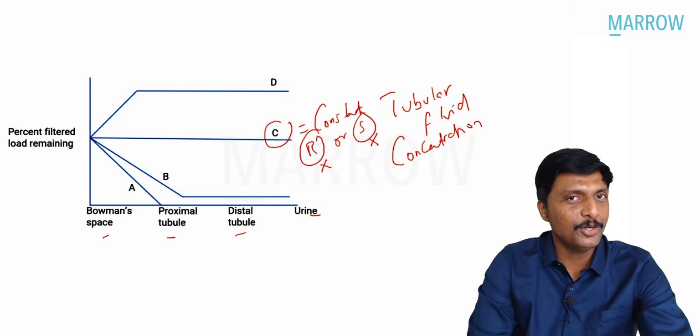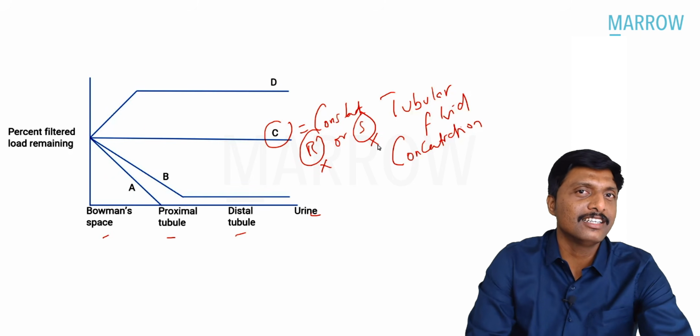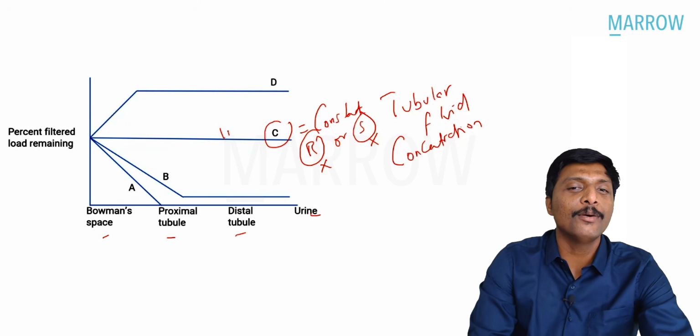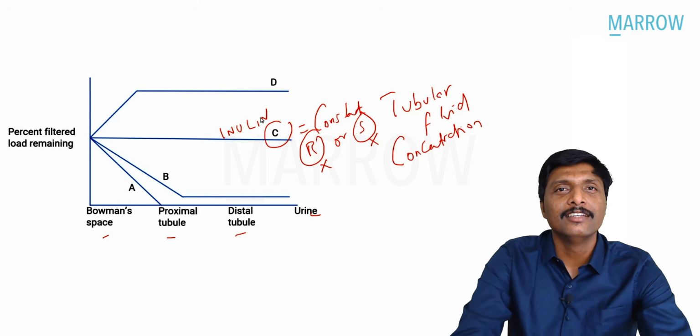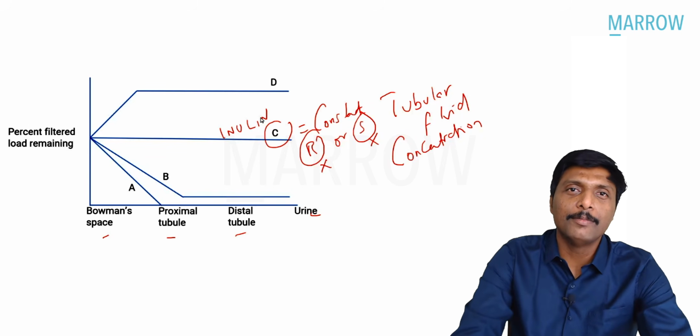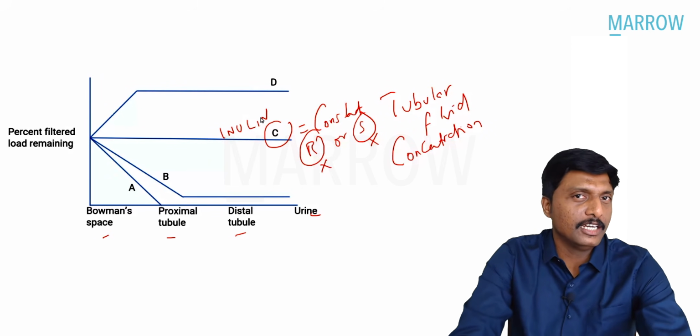No reabsorption, no secretion. I will remain constant. And that credit goes to our gold standard substance, inulin. He's a constant. Nothing will perturb him, nothing will disturb him. No reabsorption, no secretion. The C is inulin.